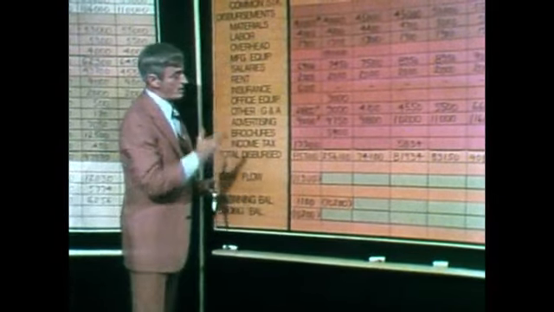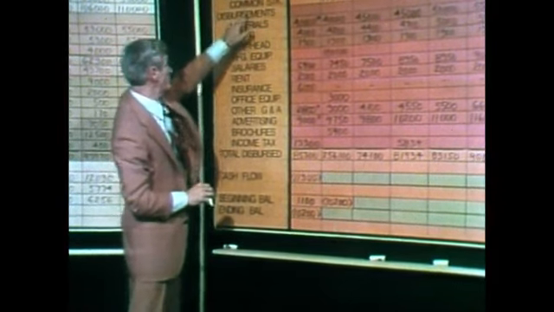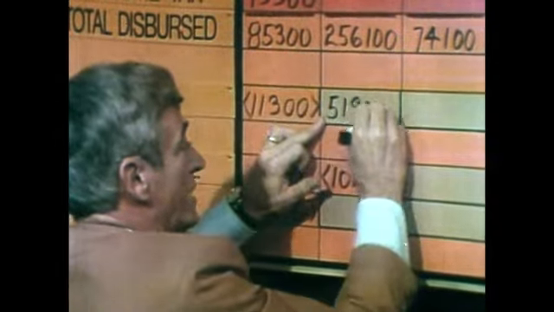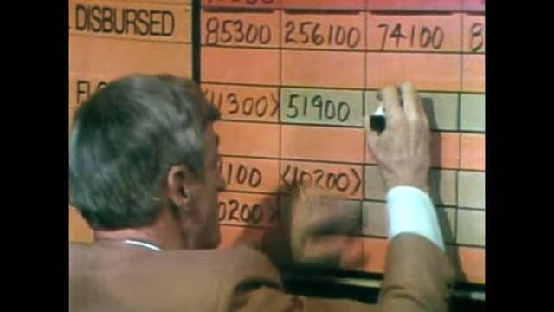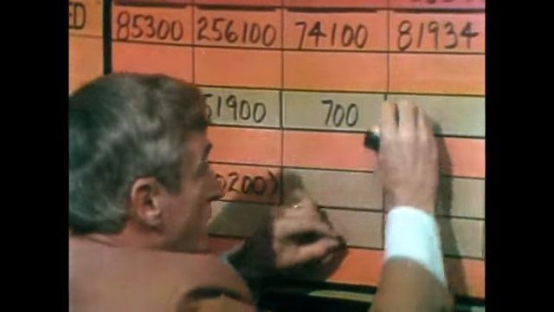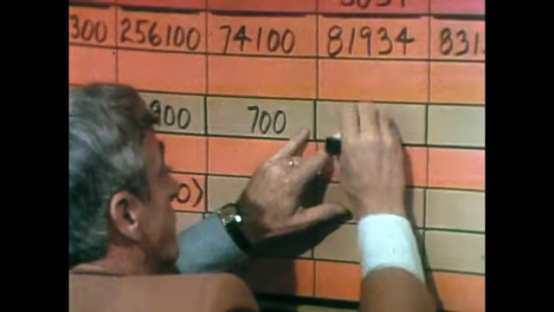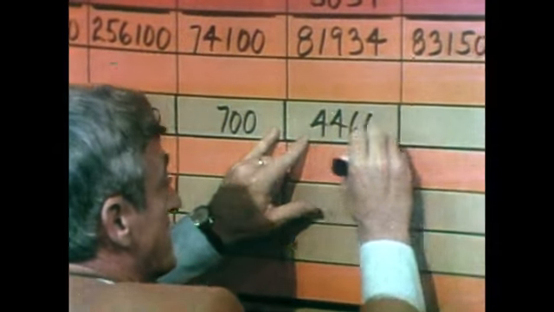All right. Now, the next number we have to change is the cash flow, but you'll have to help me with the arithmetic. Okay. Subtract the total disbursed from the total deposits. Month number 2: $51,900 is the new cash flow. Month number 3: $700. Month number 4: $44.66.